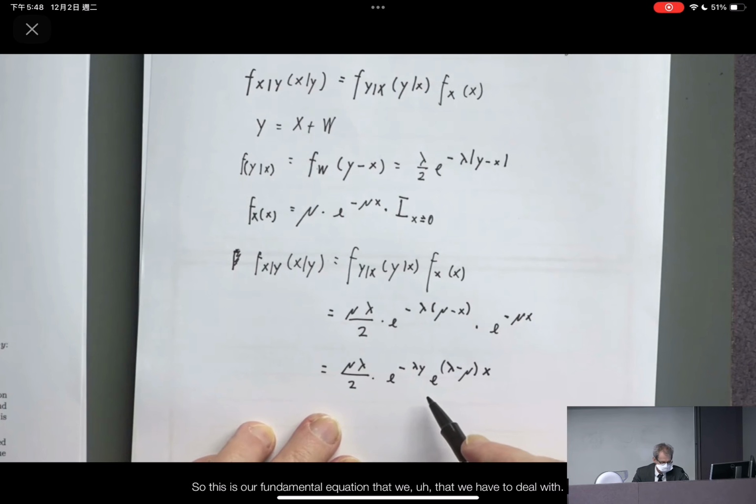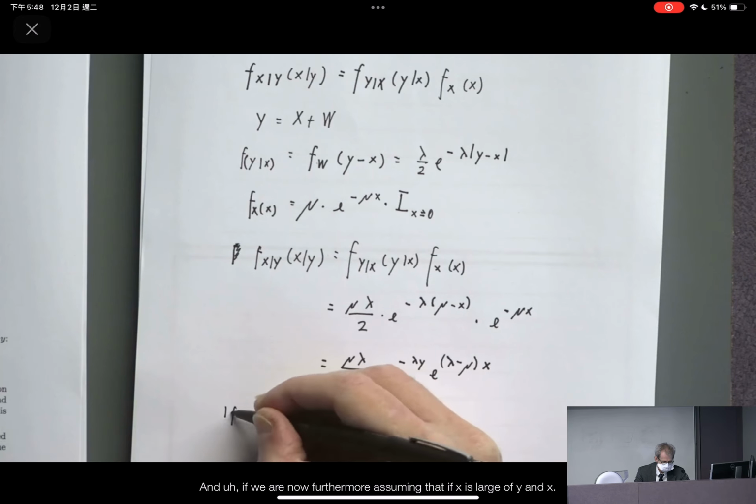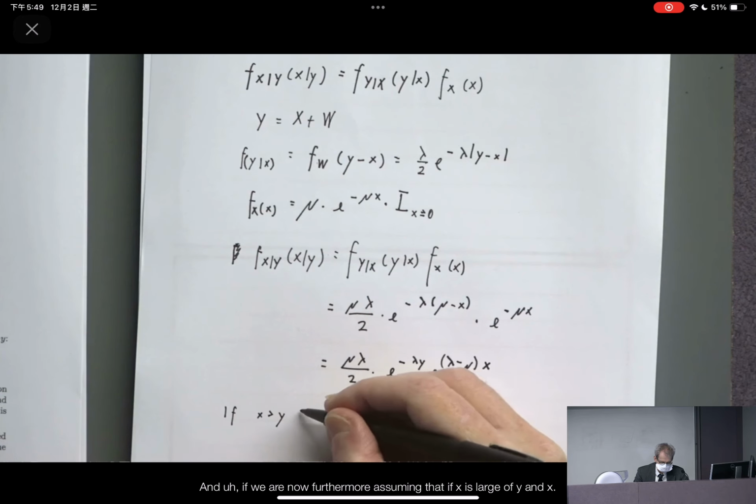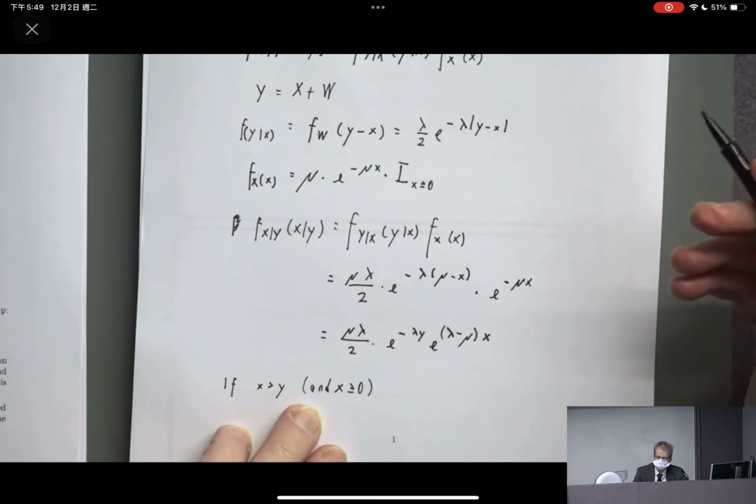So this is our fundamental equation that we have to deal with. Furthermore, we assume x larger or equal 0, which is the only thing that makes sense since we have a single-sided exponential.